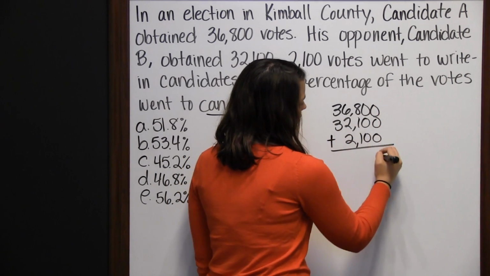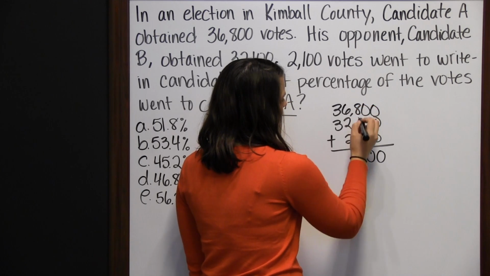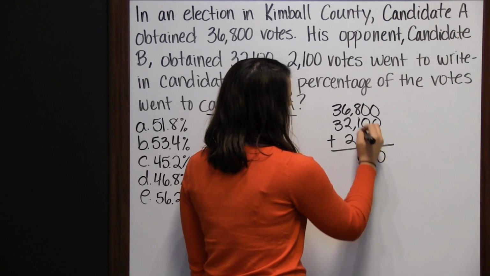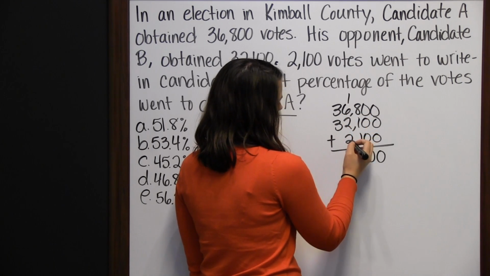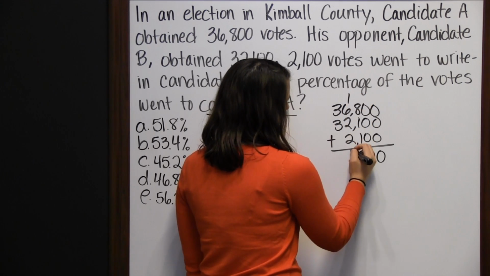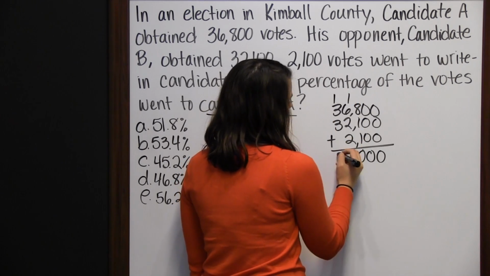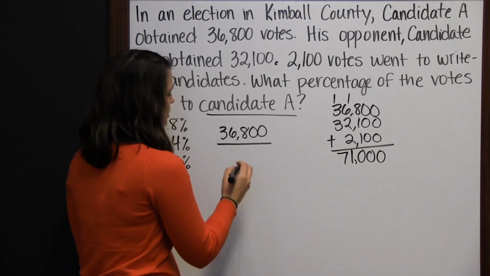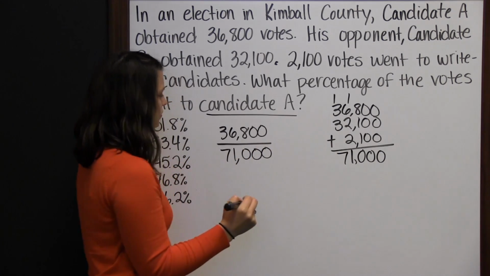So we're adding, 0, and again we get 0. Then we have 8, 9, 10, so that's a 0, carry the 1. We have 6, 7, 8, 9, 10, 11, carry the 1. And we have 3, 6, 7. So that means there were a total of 71,000 votes.